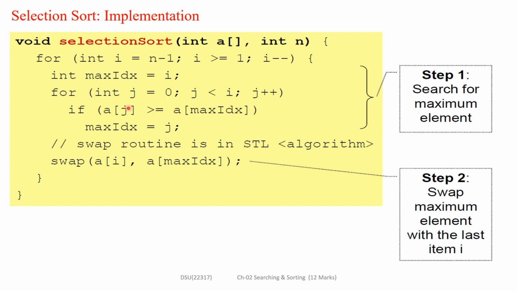If a[j] >= a[maxIdx], then maxIdx = j. These statements are used to search for the maximum element in the array, and this is the function which is used to swap, swap(a[i], a[maxIdx]), the maximum element with the last element at i.